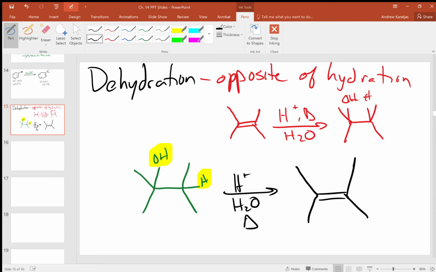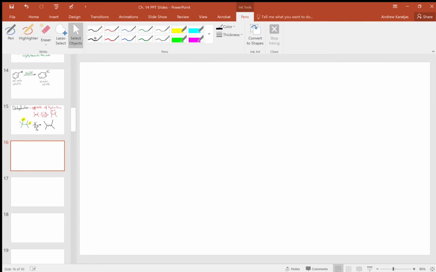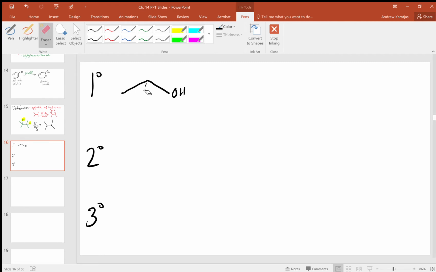Now, depending on the alcohol, the type of alcohol that we start with, the conditions that we need for this reaction are very, very different. And what we mean is whether we start with a primary, a secondary, or a tertiary alcohol. With a primary alcohol, we generally need to heat it up pretty hot, 150 degrees Celsius, and strong acid.